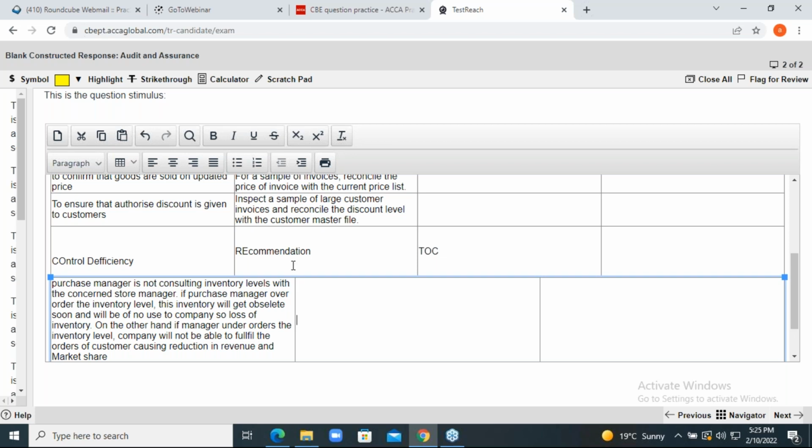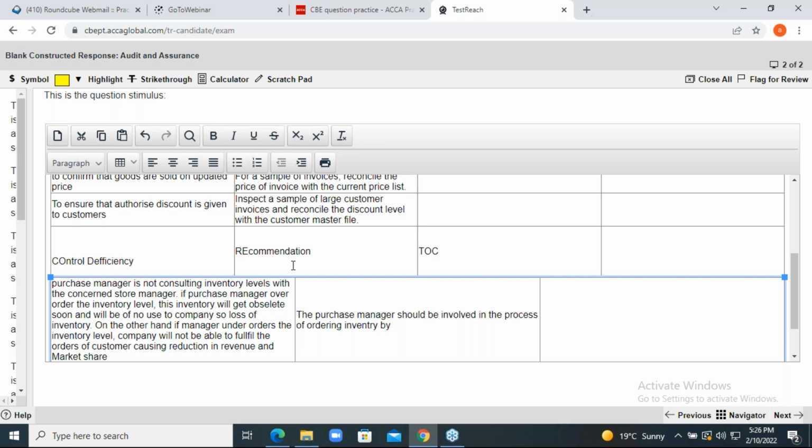So you can write that the purchase manager should be involved in the process of ordering inventory. Now how can he be involved?